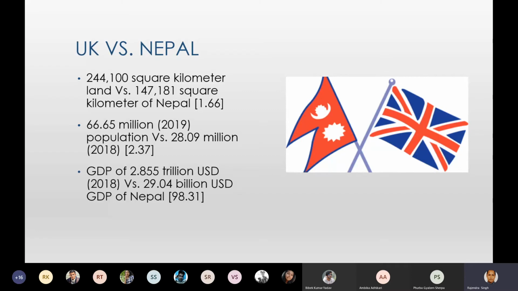In 2019, the GDP of Nepal was 29 billion US dollars. That means the GDP of the UK was about 98 times bigger than the GDP of Nepal. So even though the country is not that big and the population is not very big, the GDP is definitely a lot bigger. It's like 100 times bigger than that of Nepal.